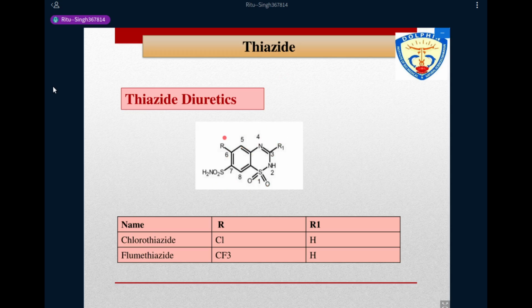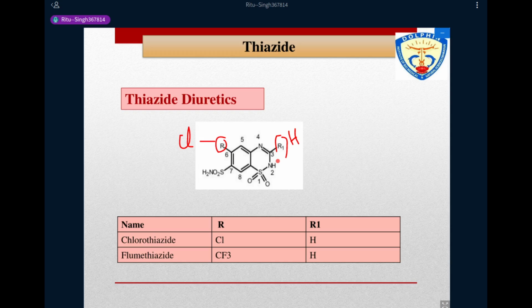At this R1 place, we can add a chlorine atom. This chlorine can be added at the 6th position for the structure of thiazide, and at the R1 position, we can add the H atom. We can add the H atom at the 3rd position. Okay, it is clear. So for the chlorothiazide structure, in the basic structure, we can add a chlorine atom at the 6th position and an H atom at the 3rd position.